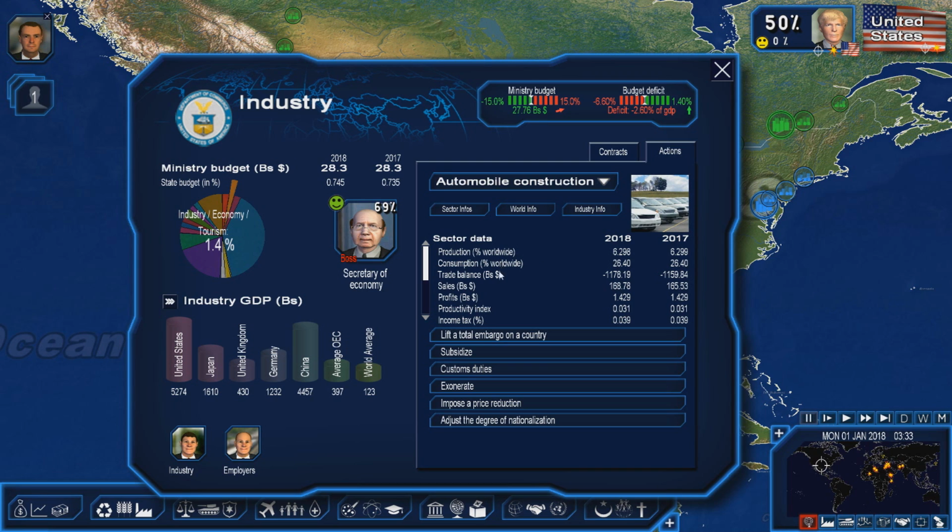Okay, so the trade balance right here. The trade balance is production minus consumption in millions, billions, or even trillions of dollars. So right here we have a negative $1.1 trillion trade deficit in automobiles.